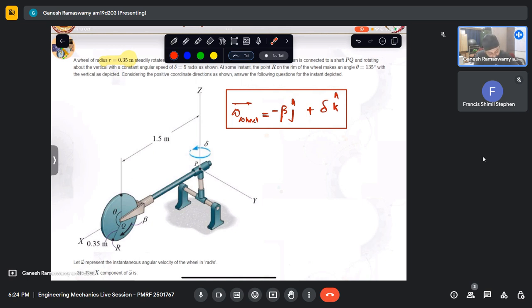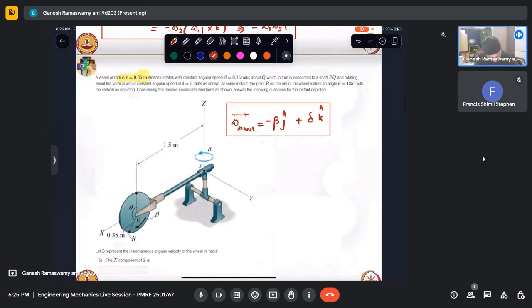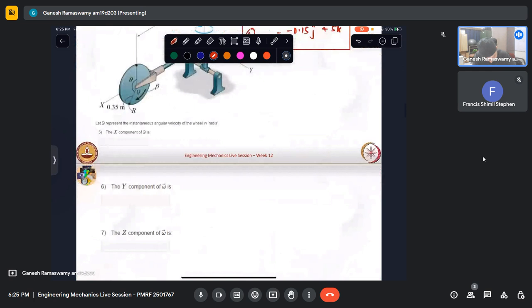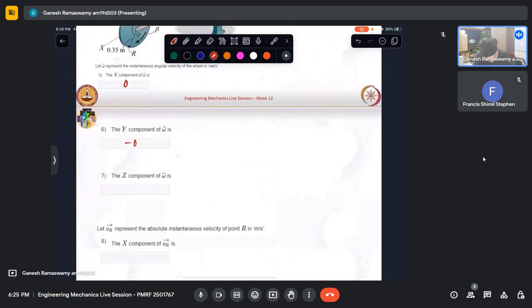In such a case, can we substitute the values? Beta is given to be 0.15 and delta is given to be 5. So omega of the wheel is nothing but minus 0.15 j plus 5 k cap. So this much we have found. The x component is 0, y is minus 0.15 and z is 5.0.